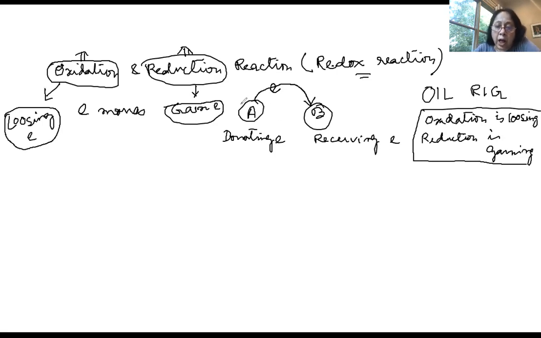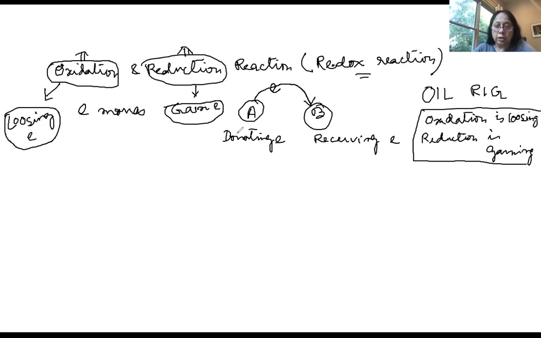Okay, so one atom is donating the electron. So there must be someone who is going to accept that electron, right? So that means one donor and one receiver must be present, and that's why oxidation and reduction reactions always go together, and that's why instead of oxidation reduction reaction, we call this reaction redox reaction.